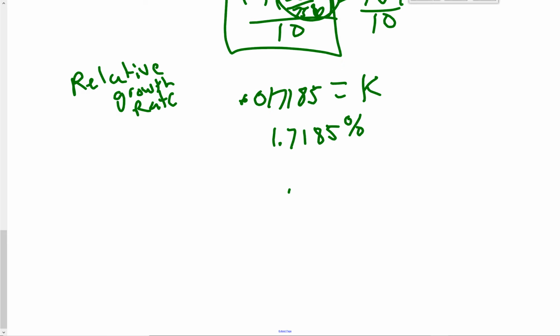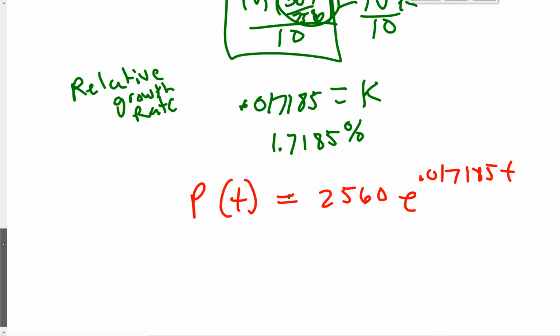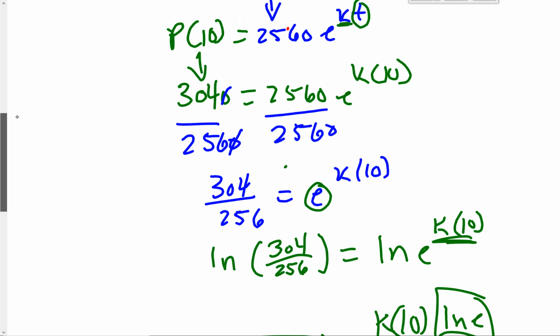Now I can write my model, which is P of t equals 2560 e to the 0.017185t. And now I can predict my population. Oh, sorry, population, so there's no apostrophe there. I'm just predicting my population.